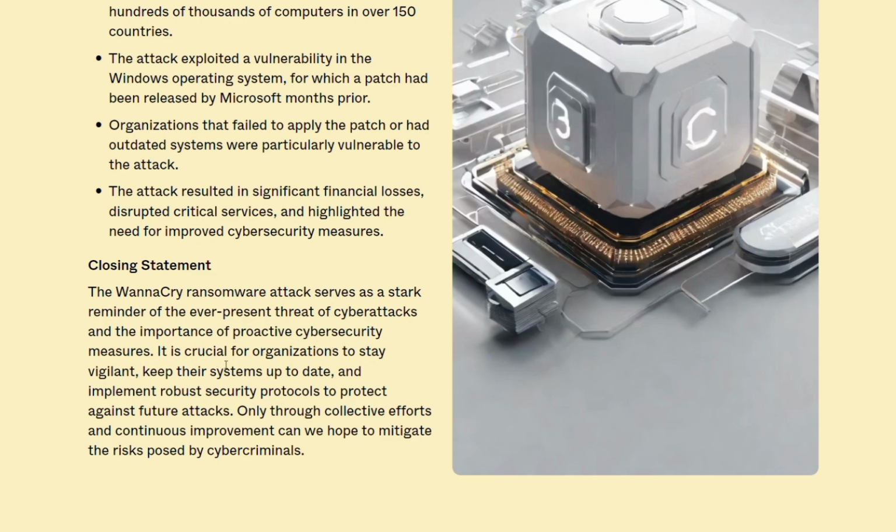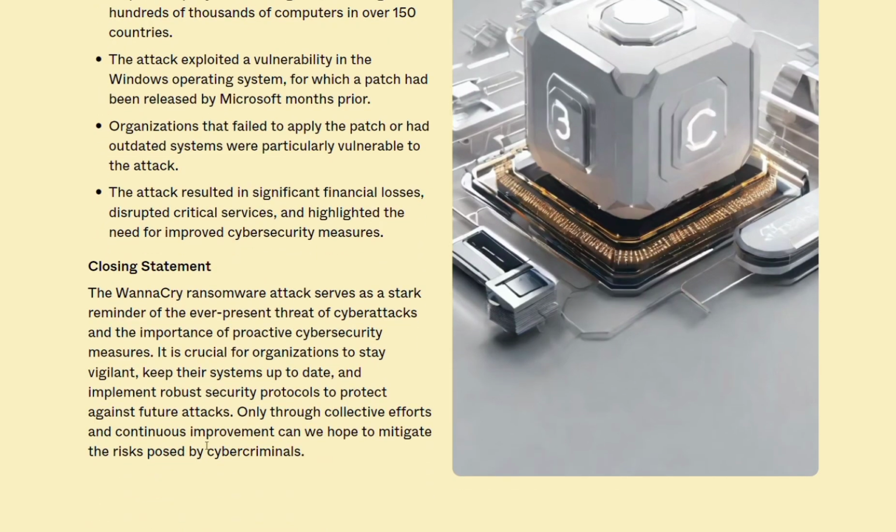It is crucial for organizations to stay vigilant, keep their systems up to date, and implement robust security protocols to protect against future attacks. Only through collective effort and continuous improvement can we hope to mitigate the risk posed by criminals.